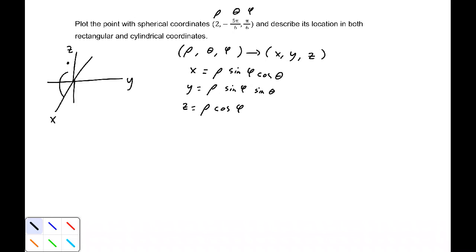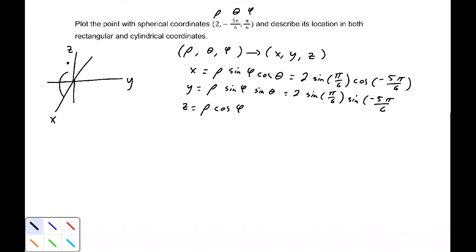So if we replace those values in here, that means our x-coordinate will be 2 sine pi over 6 multiplied by cosine of negative 5 pi over 6. Our y component will be 2 sine of pi over 6 multiplied by sine of negative 5 pi over 6.